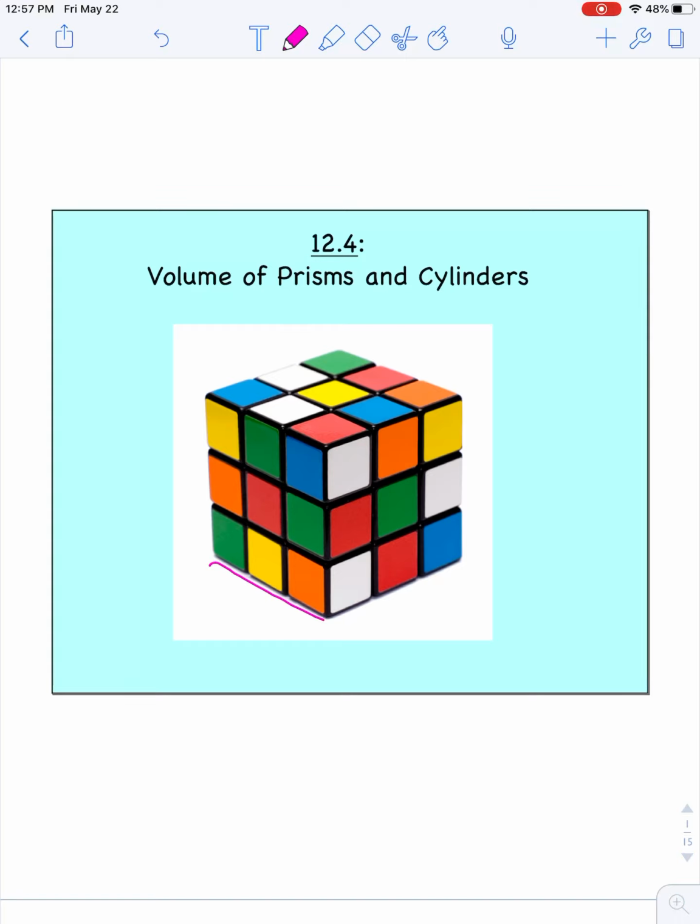And this Rubik's Cube is a great example because we can see that there are 9 cubes on this bottom layer. And then we have 3 rows of cubes. So we have 9 on the base, and we have 3 rows. So we have 9 times 3, we have 27 unit cubes that make this up.